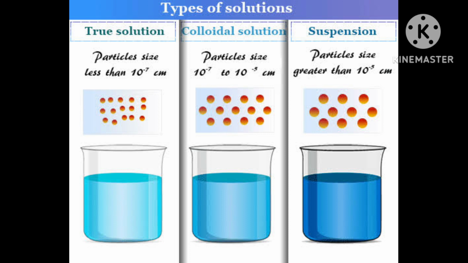Classification of colloids. Colloids are classified on the basis of two major categories. First is physical state, and second is types of particles.